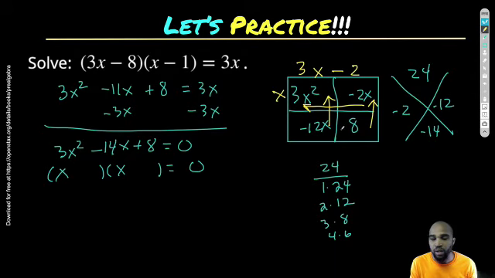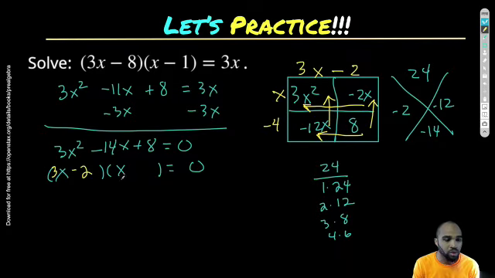And 12 and 8 have a 4, and it's going to be a minus because this box right here, the arrow finishes on a negative box, so I know it's going to be a negative 4. So the greatest common factor is 4 between those. Those are my factors. I have 3x minus 2 and x minus 4.